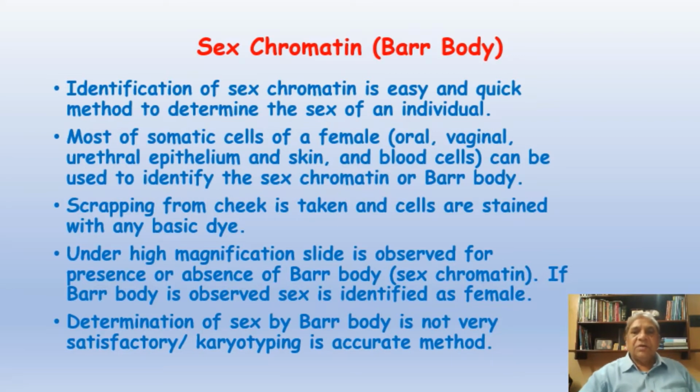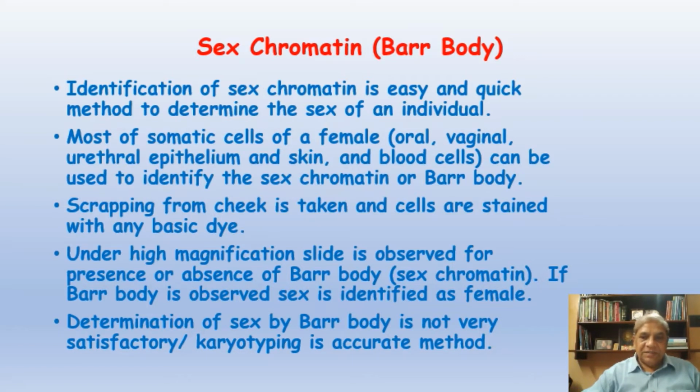Even hematoxylin is good enough to stain these cells on the slide. Then you observe this under high magnification, because in low magnification the nucleus will not be large enough to see the sex chromatin or Bohr body. Then you move the slide from here to there and observe the Bohr body in many cells.